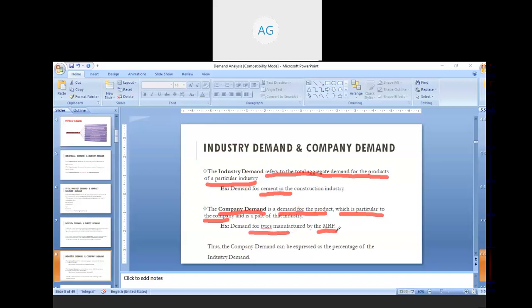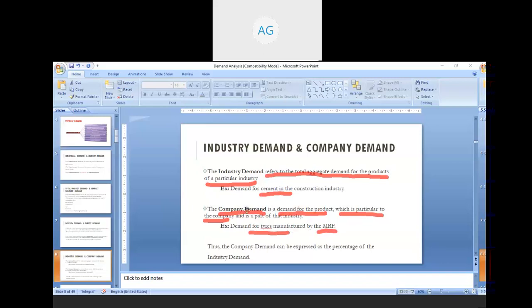The MRF company makes a particular type of tires. If you demand MRF tires, that is considered company demand, because you are demanding the MRF tire and not any type of tire or from any other company. You are demanding the particular company's item.